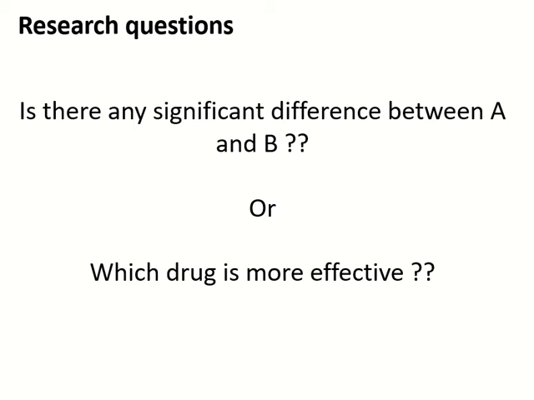We will study the effect of the drug on the same attribute. That attribute may be the weight; here the attribute is the number of cured persons, or the percentage of cure after applying these drugs. Later we will see some practical examples of this paired t-test.